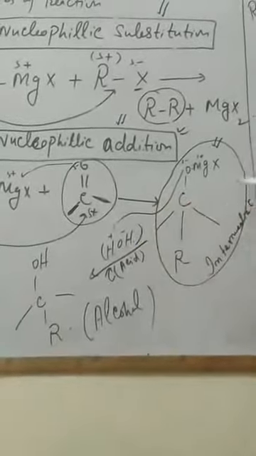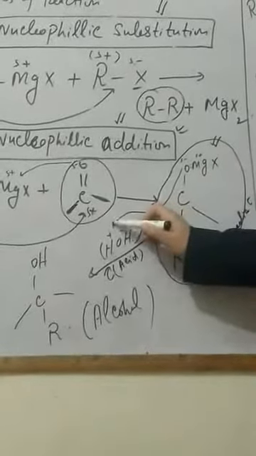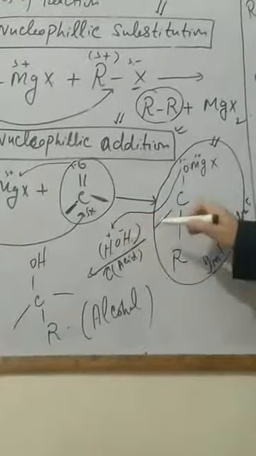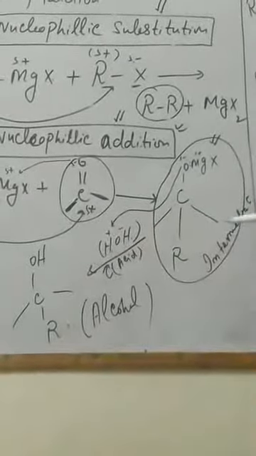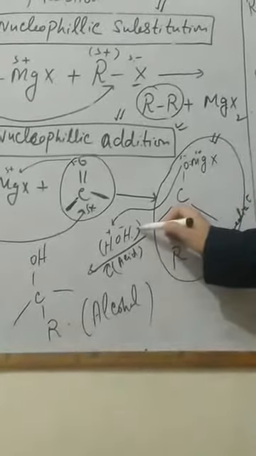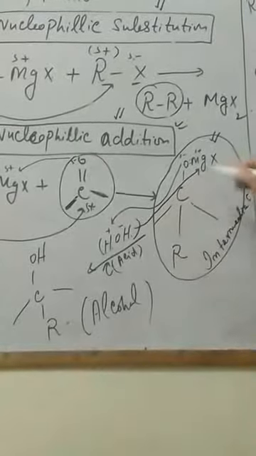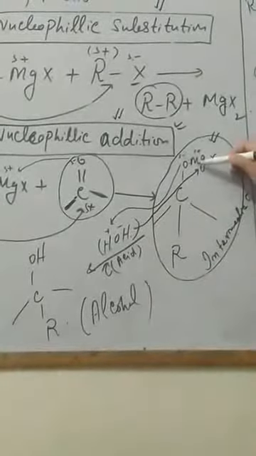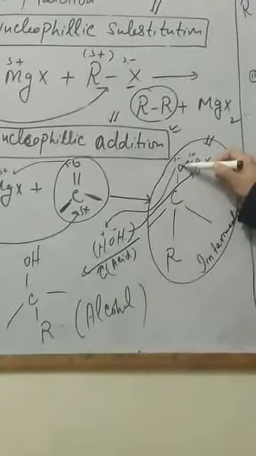So here again this negative oxygen will attack the positive charge of water, and the negative ion of water will attack the positive magnesium.